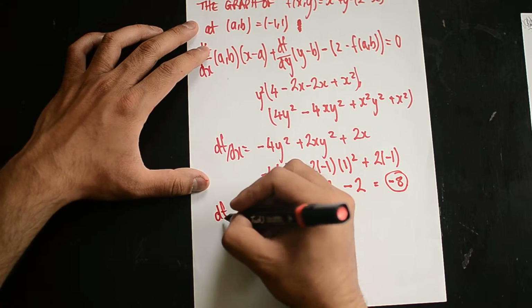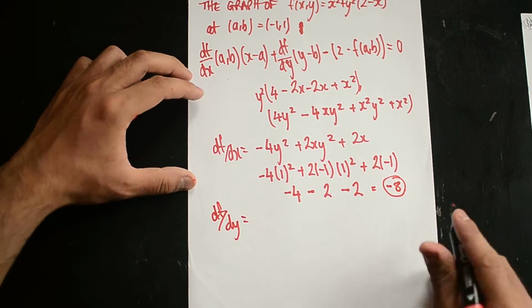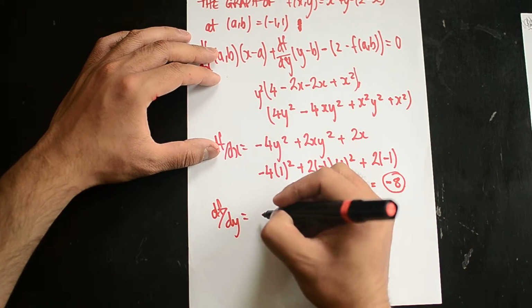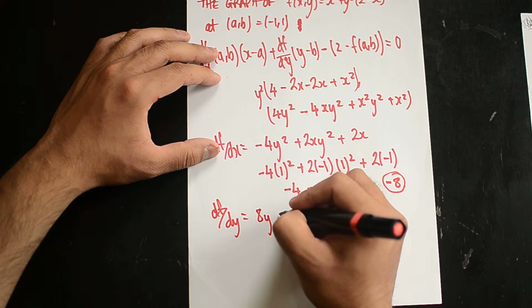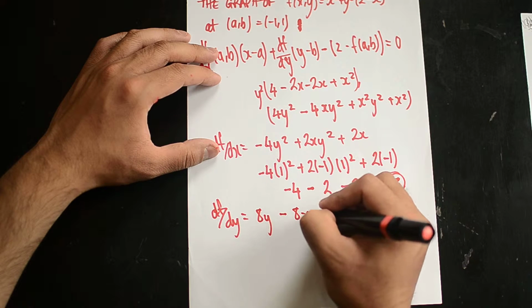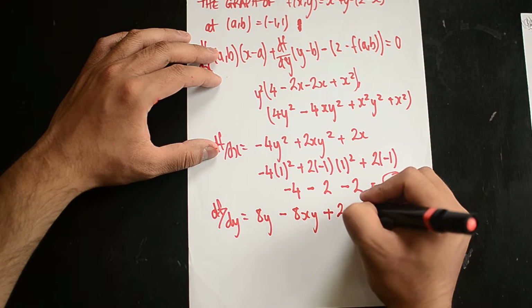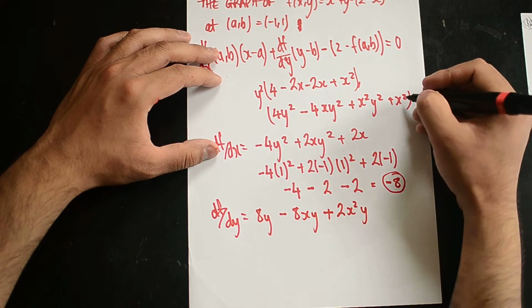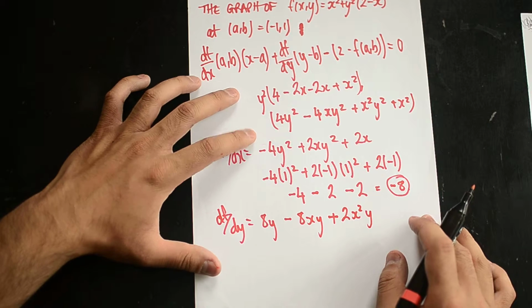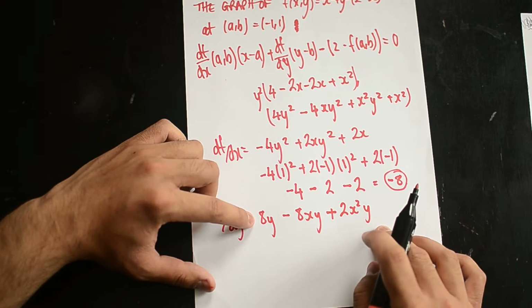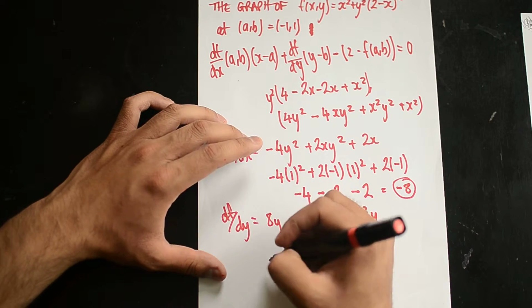Let's do df/dy, which is here. So I've got 8y minus 8xy plus 2x squared y, and then that disappears. I'm now going to plug in -1 and 1 into this.